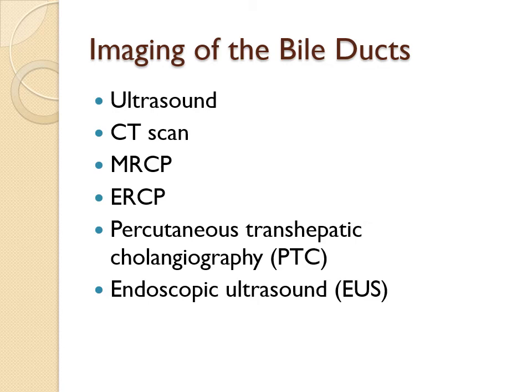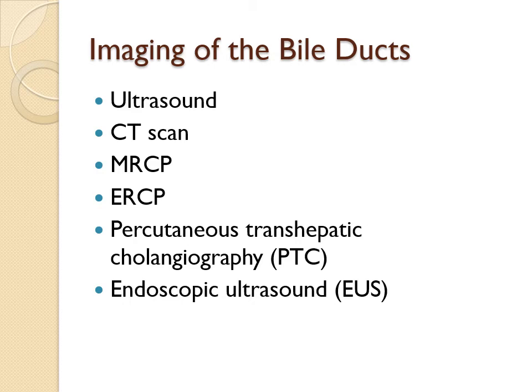Next, we can also use CT scan. The next one is MRCP, which is magnetic resonance cholangiopancreatography, utilizing MRI to visualize the bile ducts and the pancreatic duct. ERCP is reserved basically for therapeutic purposes.